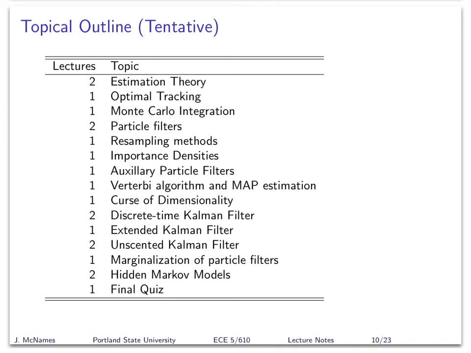Next week we'll cover optimal tracking, and then we'll move on to Monte Carlo integration, which is the basis for particle filters, and then we'll be in particle filters after, hopefully, just 2 weeks of lecture. So by the beginning of the third week, we'll be in really the meat of the content for the entire term. And then these are variations and generalizations of particle filters, other things you can do with particle filters as you go a bit deeper.